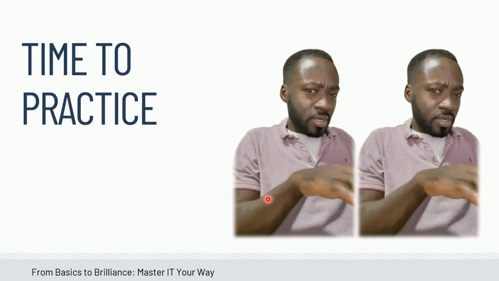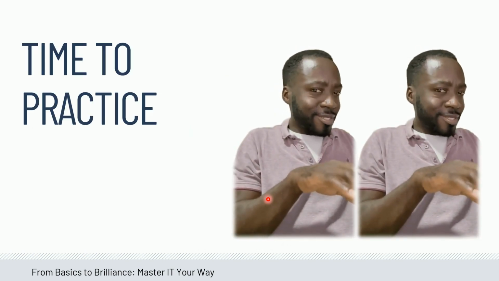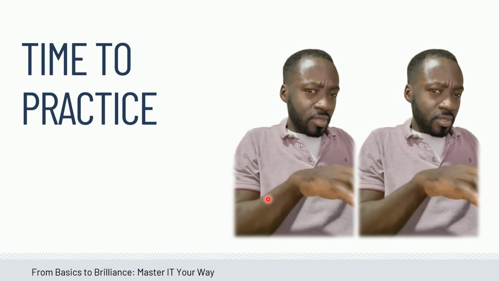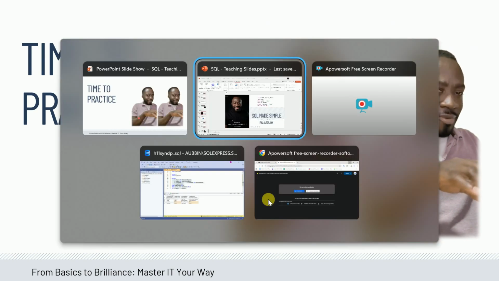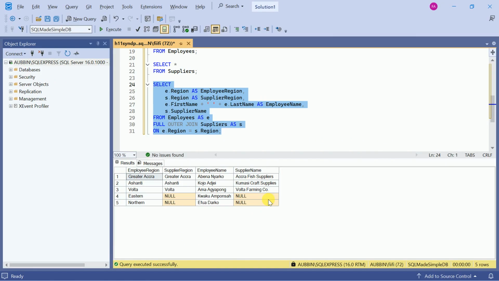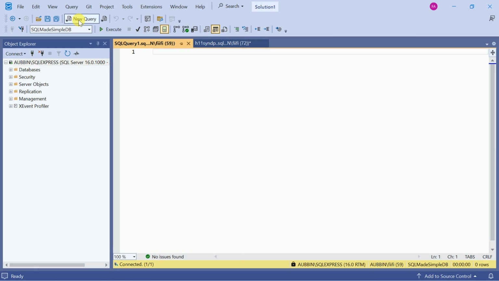So to make this concept stick, we're going to switch to our database to work on it. Okay, so I'm going to open a new query. Then we take our time to look at it. So I want us to look at the people and orders table so that we can perform a full outer join, people and orders.